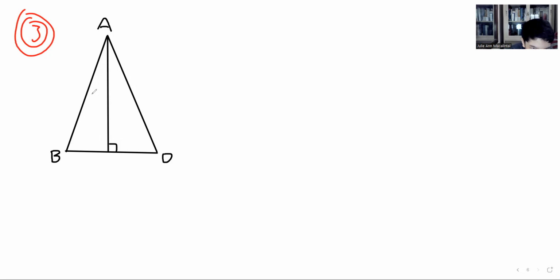Okay, so we're back at 3. For any isosceles triangle with an altitude, these angles are always equal. That's because of the SAS. So since angle BAD equals 30, I can put 15.